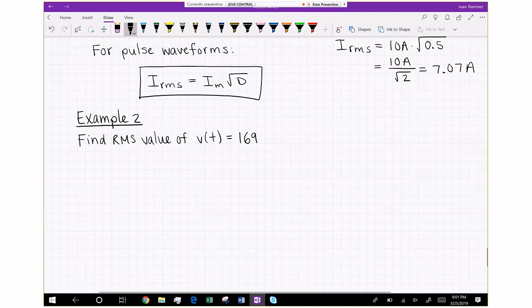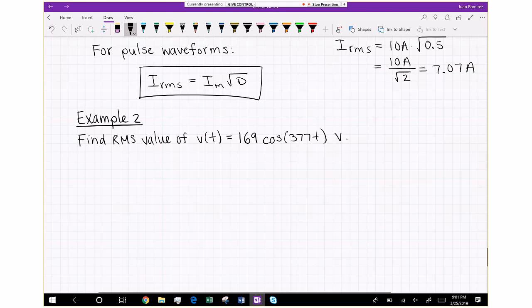If you have a graph, try to find the equation that represents it and use that to find the RMS value. So we want to find the RMS value of this voltage.